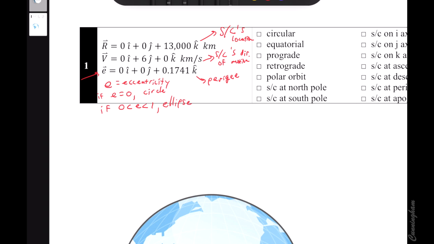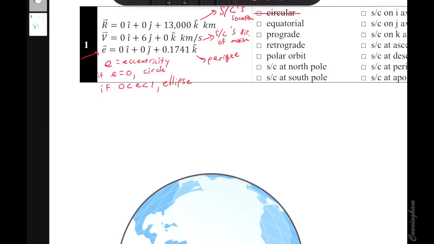What I'm trying to get at is our first box asks us if we have a circular orbit. Well, I have 0 i and 0 j, but I have point something something k, which means not perfectly circular. Bye-bye.